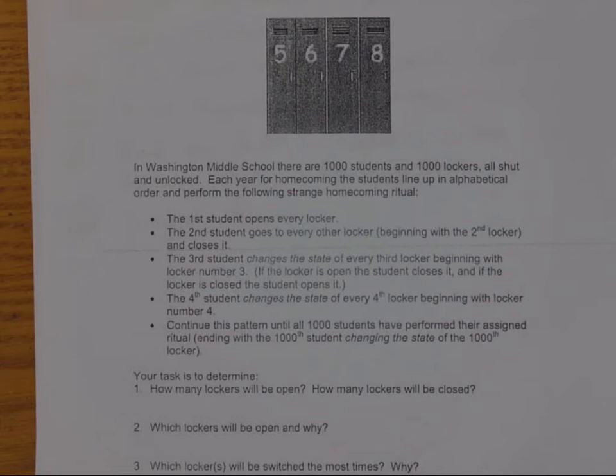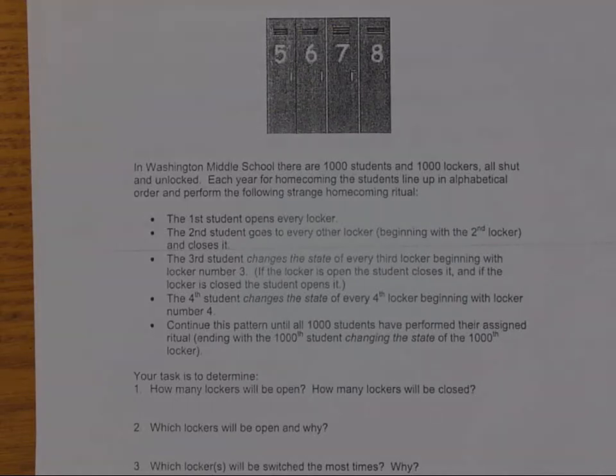In Washington Middle School, there are 1,000 students and 1,000 lockers, and they are all shut and unlocked. Each year for homecoming, the students line up in alphabetical order and perform the following strange homecoming ritual. Number 1, the first student opens every single stinking locker.